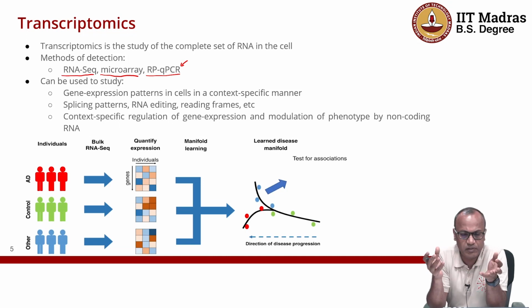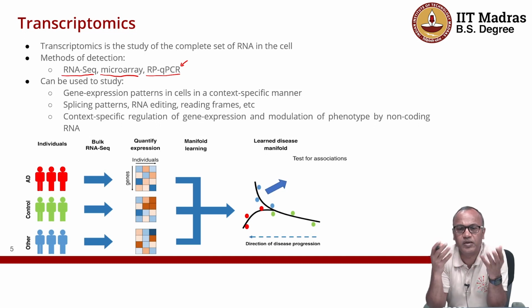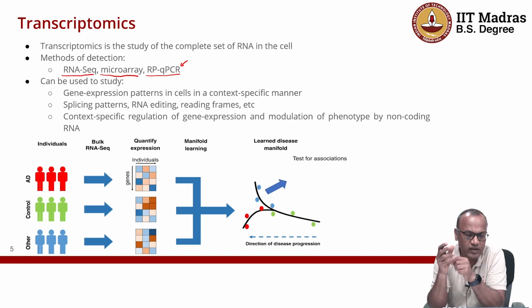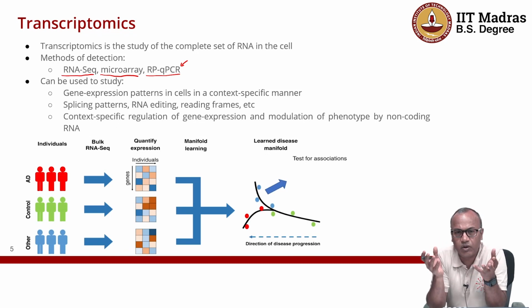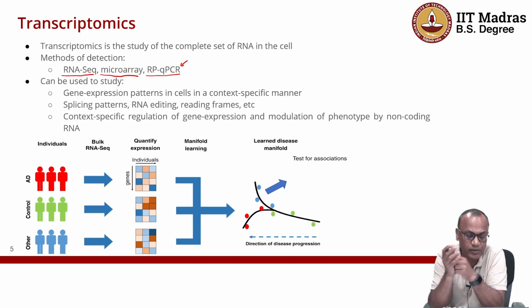Sometimes by doing transcriptomics, you can identify that a combination which was commonly seen in a normal cell is now absent. Like if the sequence 1, 2, 3, 5, 7, which is common in a normal cell, is gone now, what you see is 1, 2, 3, 4, 6, which was absent in the normal cell. So splicing pattern differences can be seen.